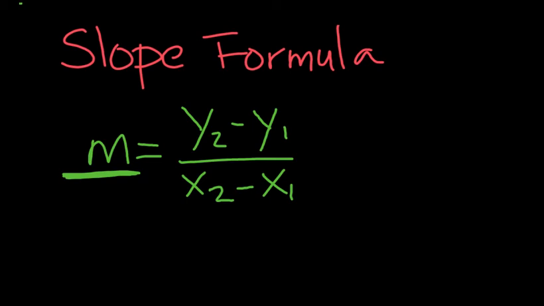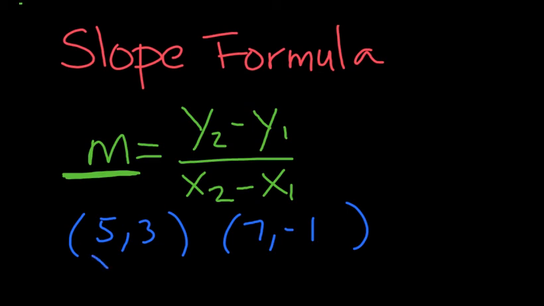What it means is we have 2 points. We have 2 ordered pairs. We're going to actually use 2 ordered pairs when you have this formula. So for instance, if you had the ordered pairs (5, 3) and (7, -1), you have 2 sets. So you have to have a way in the formula to show which X they're talking about, because this is X, right?